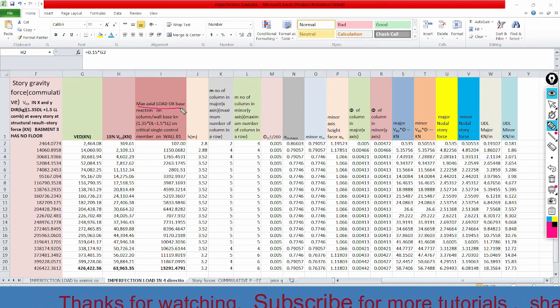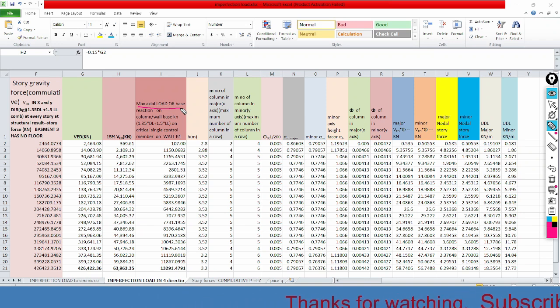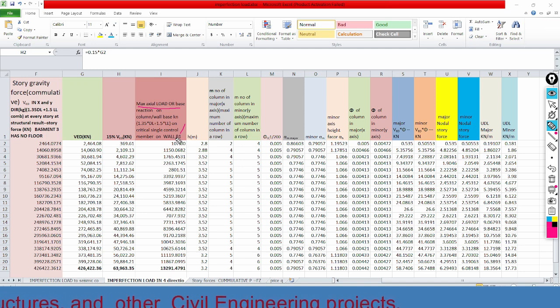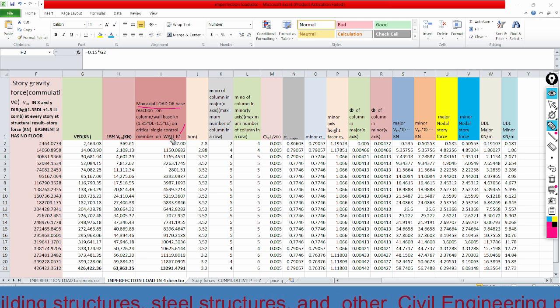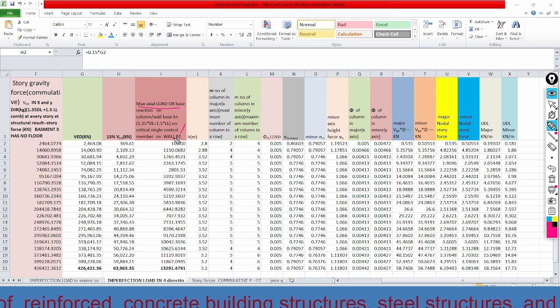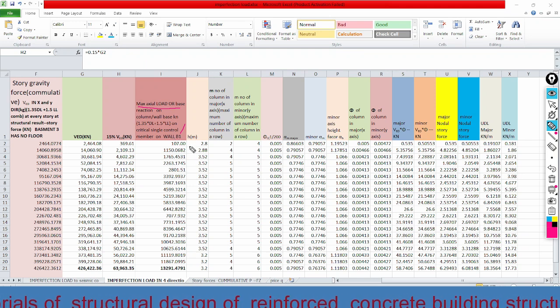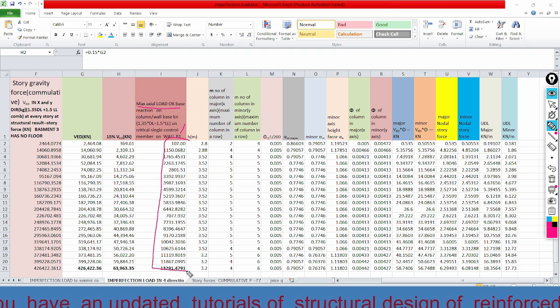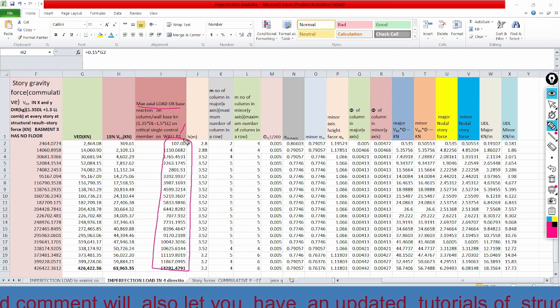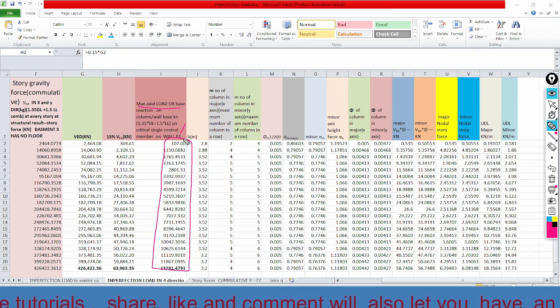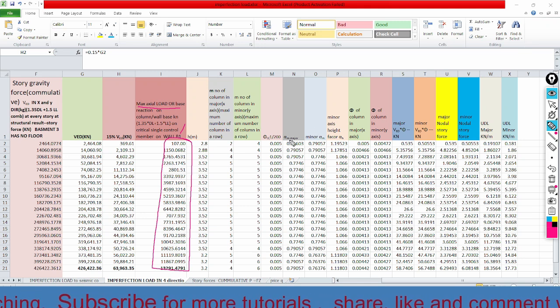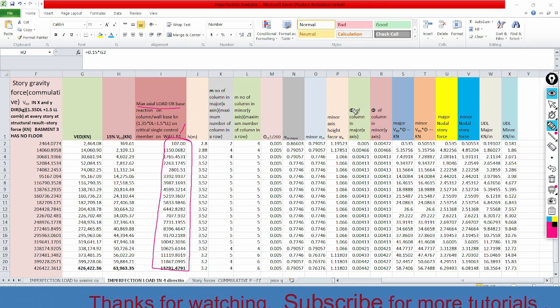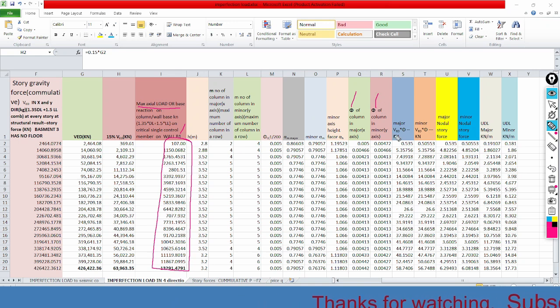This is the maximum axial load at the base of wall B1. So wall B1 is the critical vertical member having the maximum axial load at its base. I have already taken its axial load for the calculation of the phi value. So the phi value will be calculated based on this axial load.